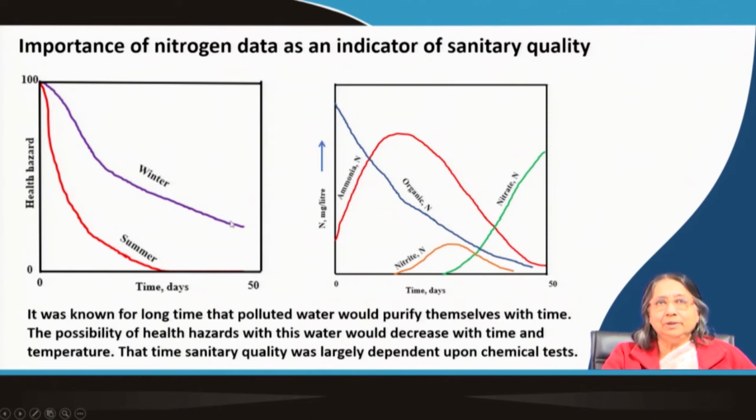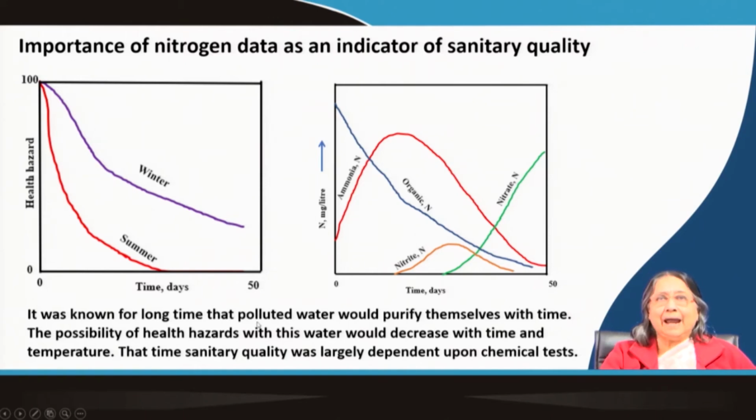So, water is becoming purified. But in summer you can see it is going faster. You have seen the kinetics. So, this is the kinetics. So, here it is a time. So, temperature also has some effect, and also the time. So, this is a natural purification.